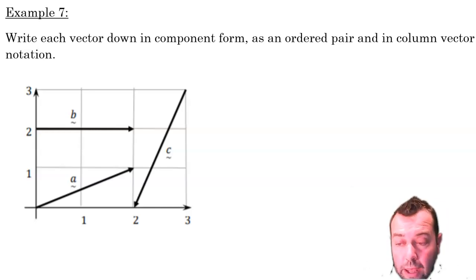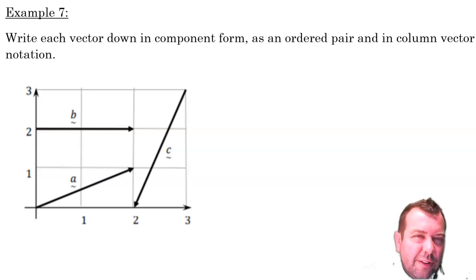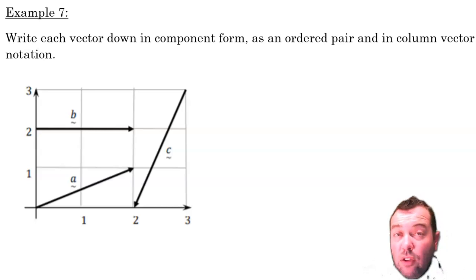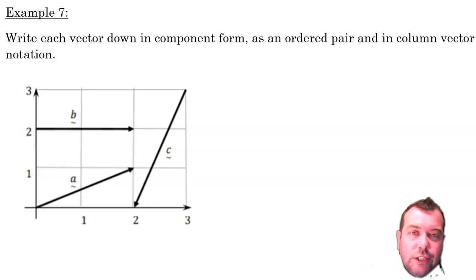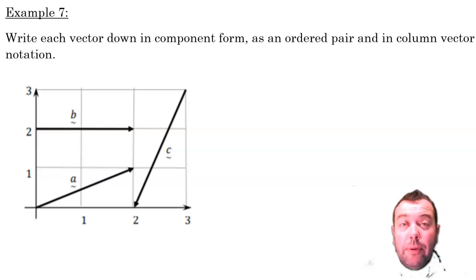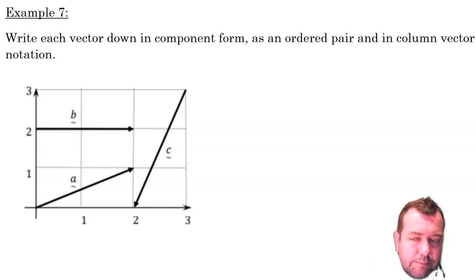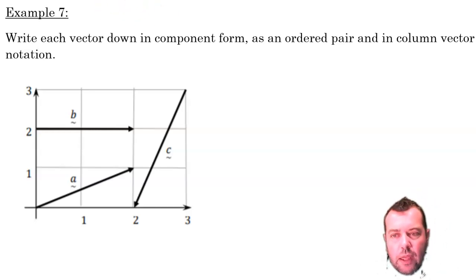Now to do that, I'm going to attach to those magnitudes a direction in the form of these special little vectors i and j. So i means units to the right, if you like, and j is units up in terms of the number plane. Okay, I'll show you what that looks like in a moment.